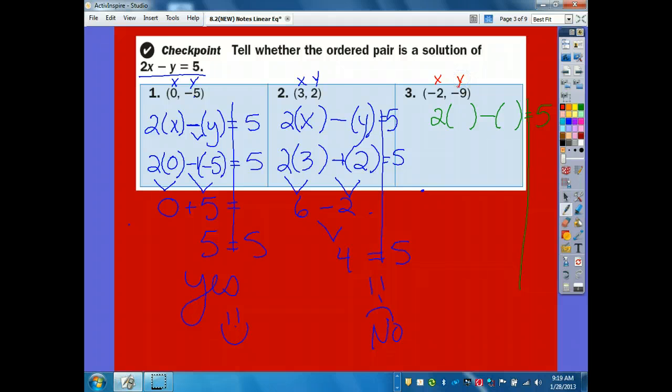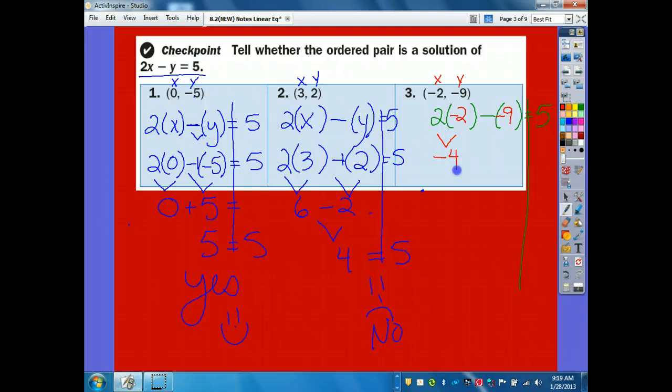Two times what, class? What did you substitute in here? A negative 2. And that leaves the negative 9 here. Who says yes? Who says no? Ooh, we got some of each this time. Good. That always makes it interesting. Debates. Here we go. So 2 times a negative 2 is?